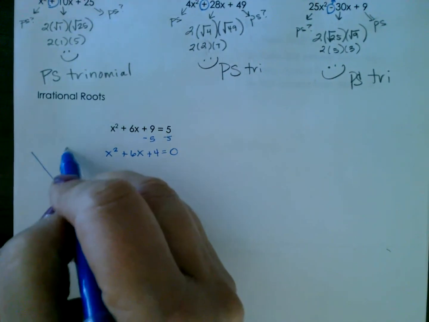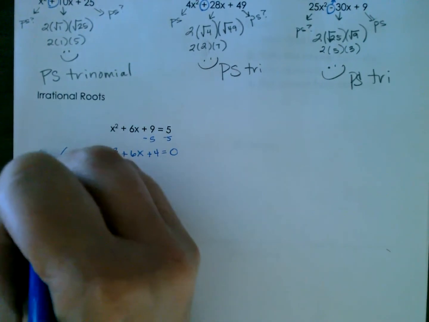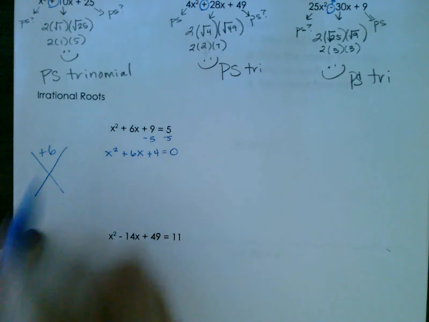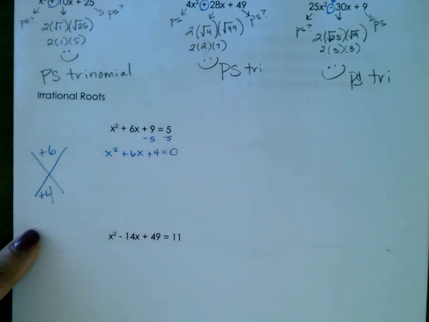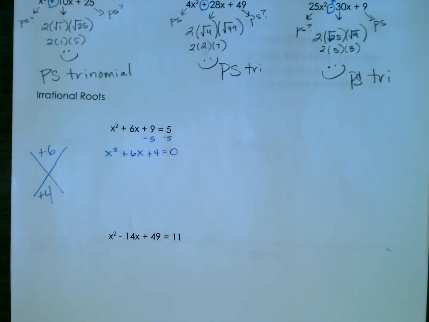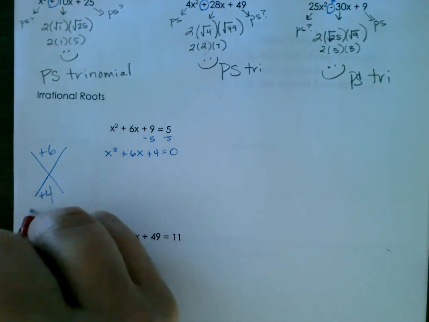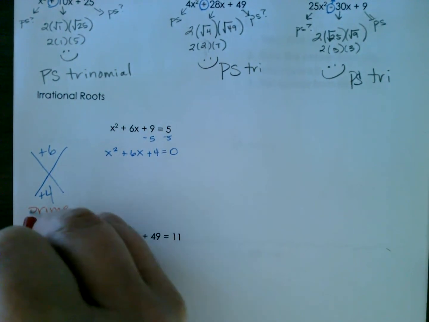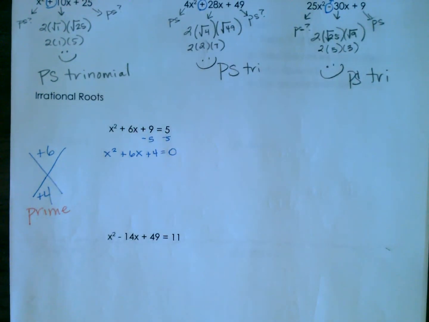Then the A term is 1. So I want to find numbers that add to 6 but multiply to 4. Oh, I don't know of any. Up until this day, we could write the word prime. Prime will not be part of our vocabulary anymore. You should not have any prime solutions as we continue forward.